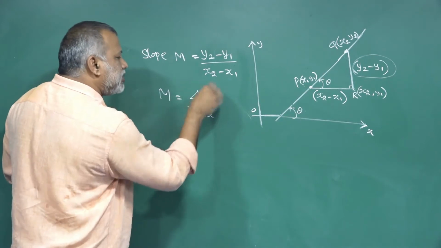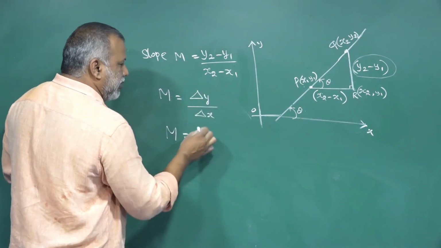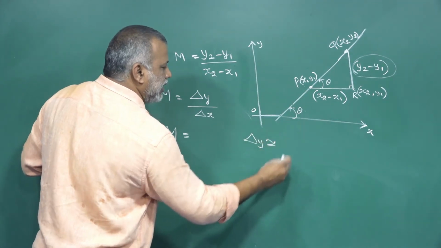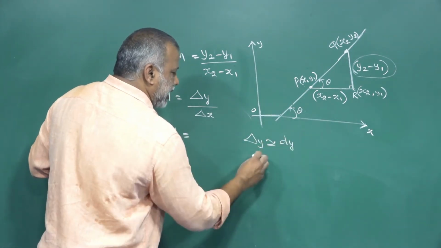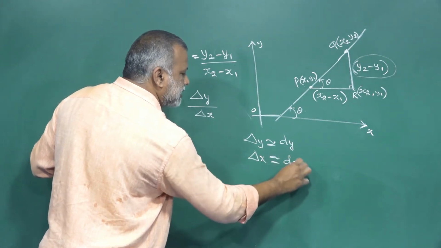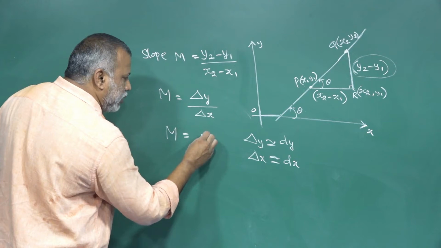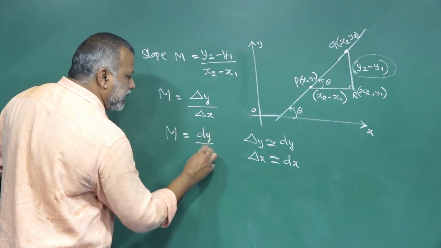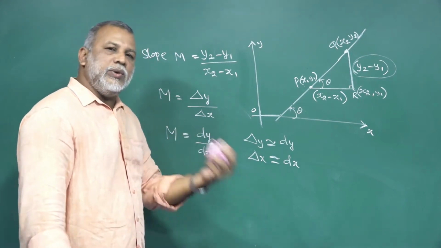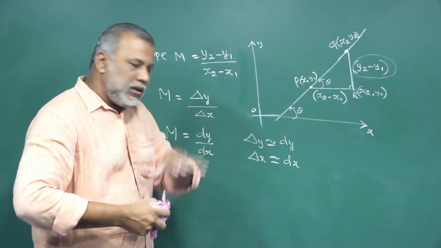Again, it is approximately equal: in general, del y is approximately equal to dy, and del x is approximately equal to dx. Therefore slope m equals dy by dx. We can use this idea also in your calculus. Later on you have to study all these concepts.